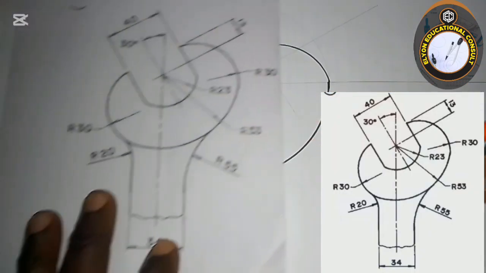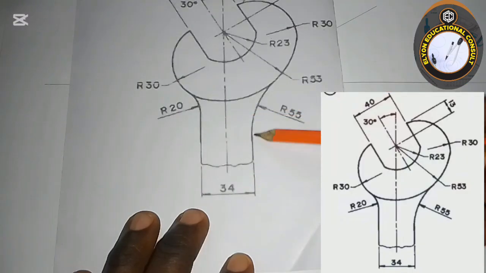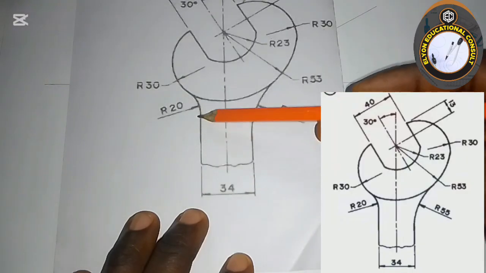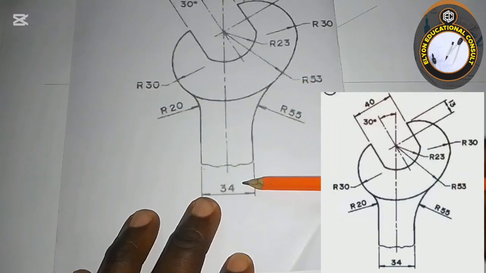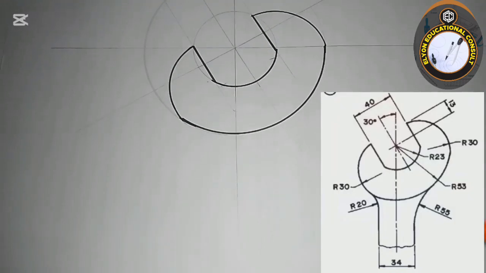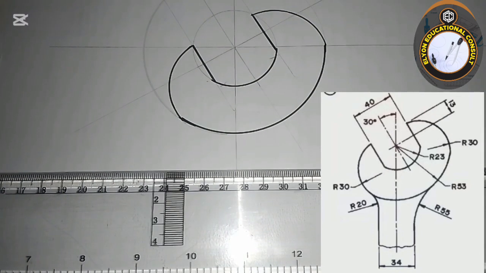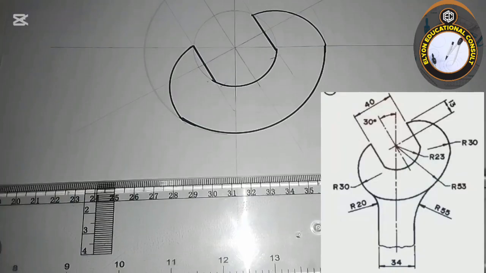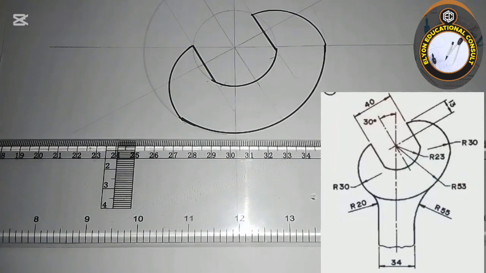So the next thing I want to do now, I need to get this part here and this part here, the tangent part. All right, so we are given this side to be 34. How do we get that? It's very simple. You can look at this center line that we have here now. I will take our set square this way and draw a horizontal line.